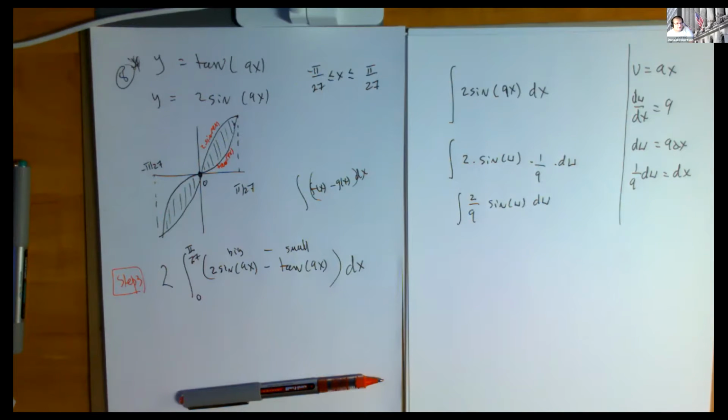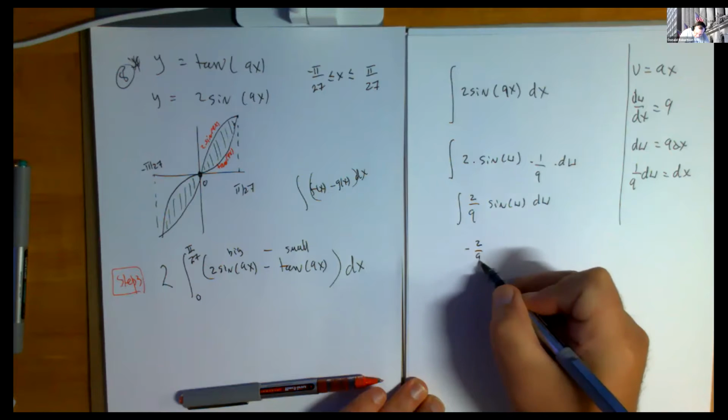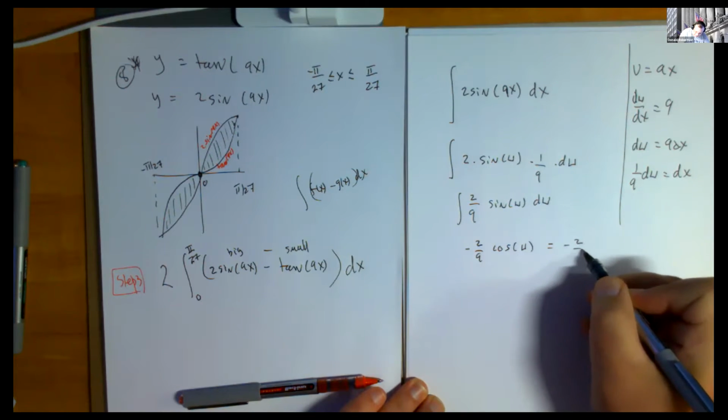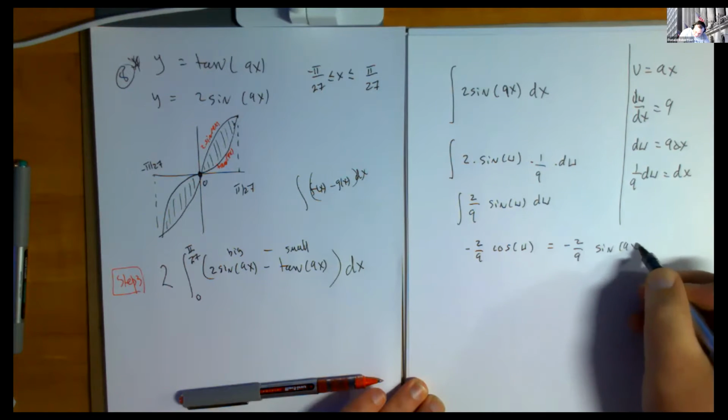So far, so good? Right, now, according to antiderivatives, isn't the antiderivative of sine u negative cosine u? So this fella is negative 2/9 cosine of u, which we will call negative 2/9 the cosine of 9x.